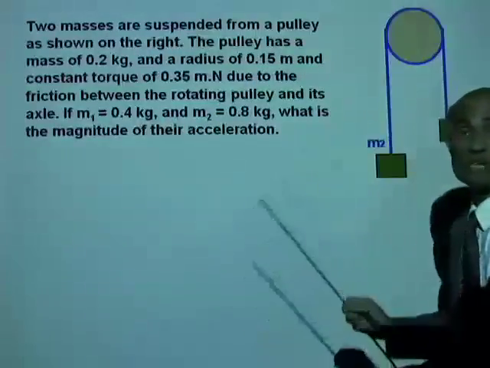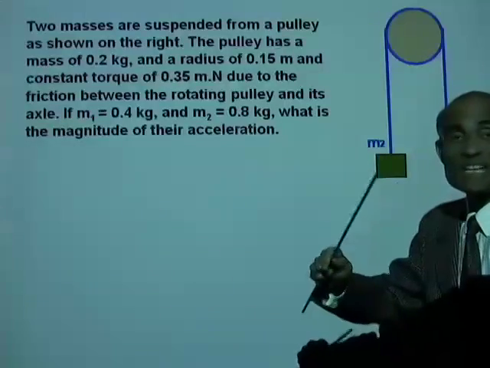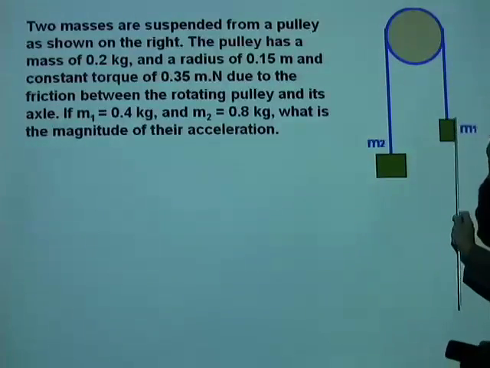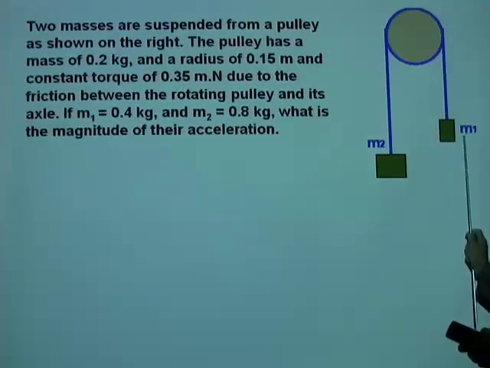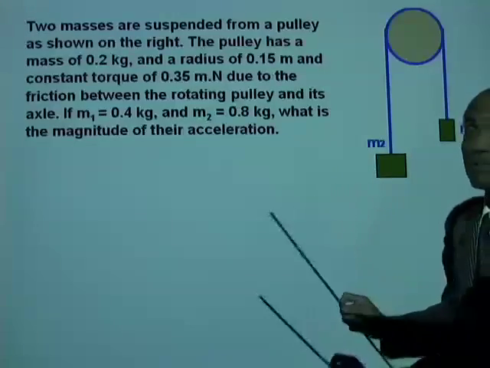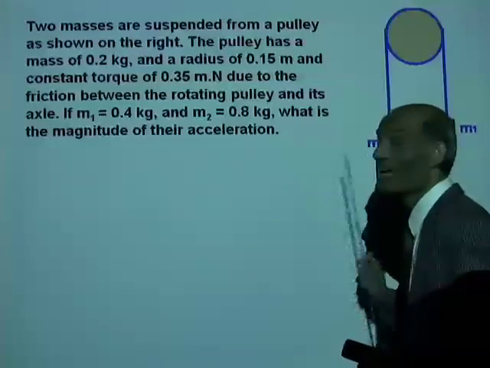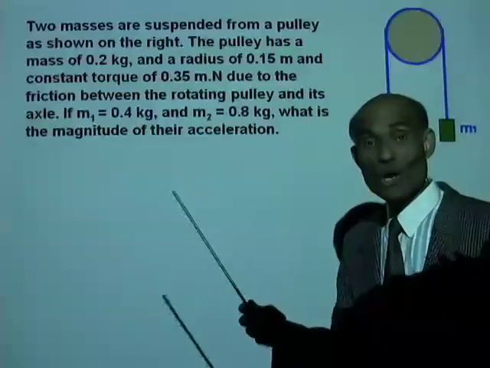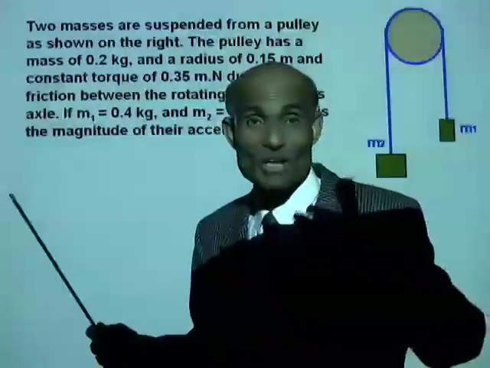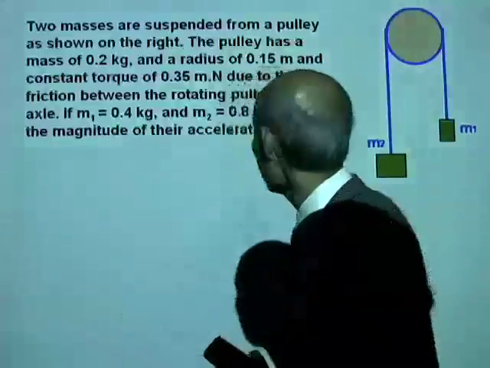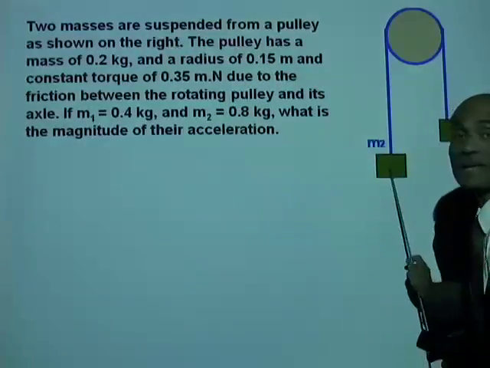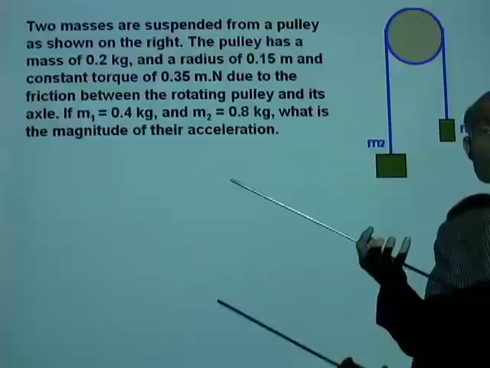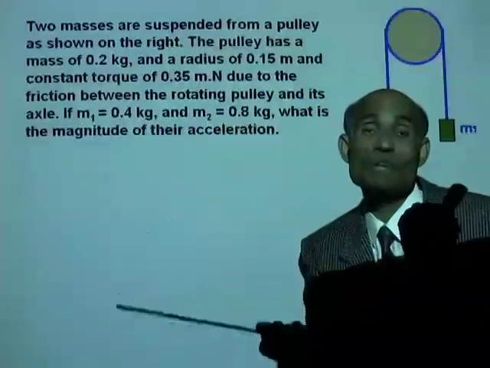So, what we're going to do is, we are going to isolate each object. We will look at the net force acting on M1. We will look at the net forces acting on M2 and use the law of motion F net equal to MA for M1 and M2, because the motion of M1 and M2 are both linear.